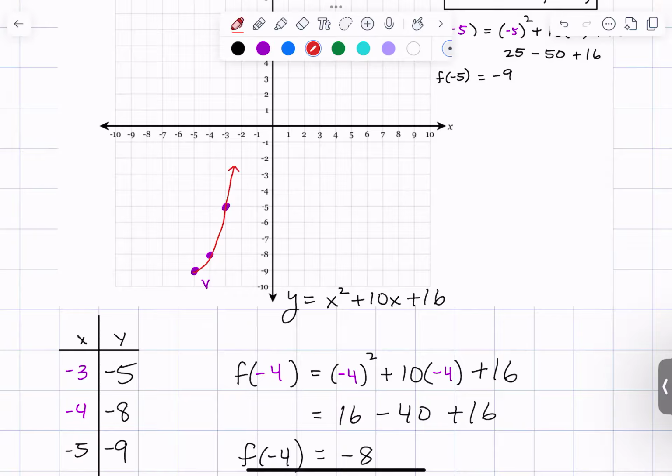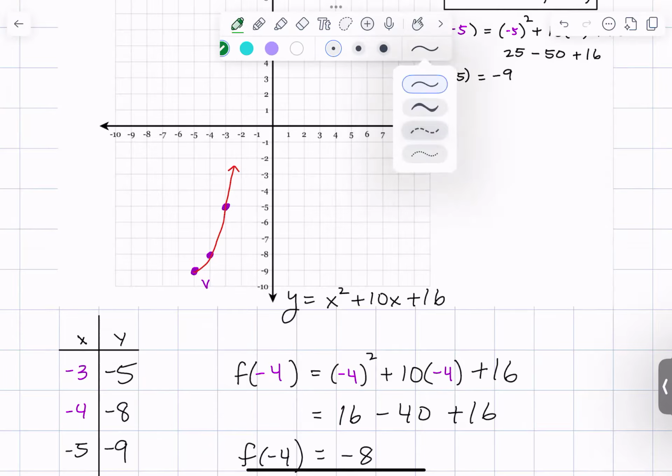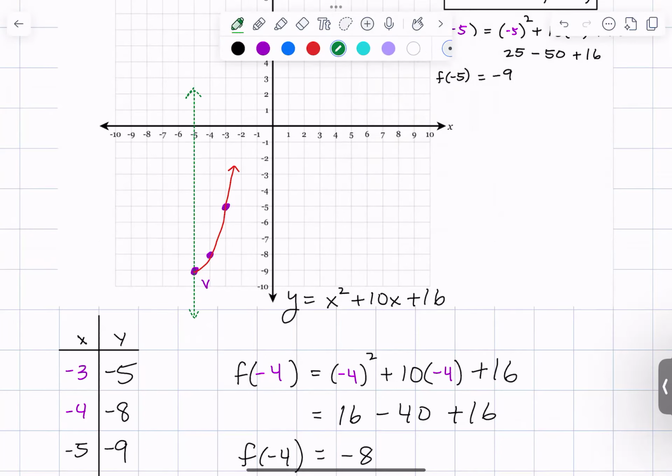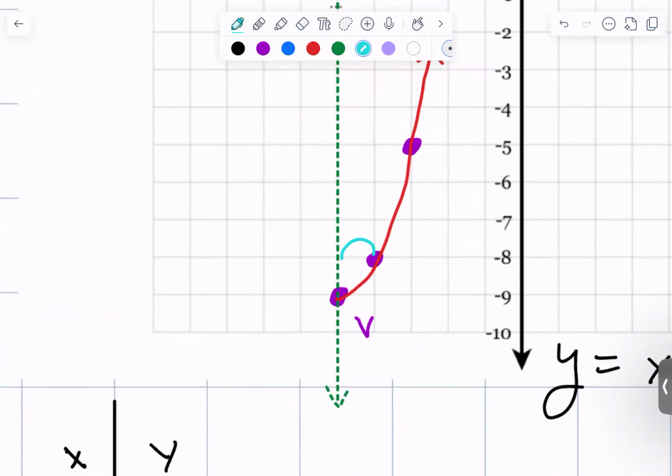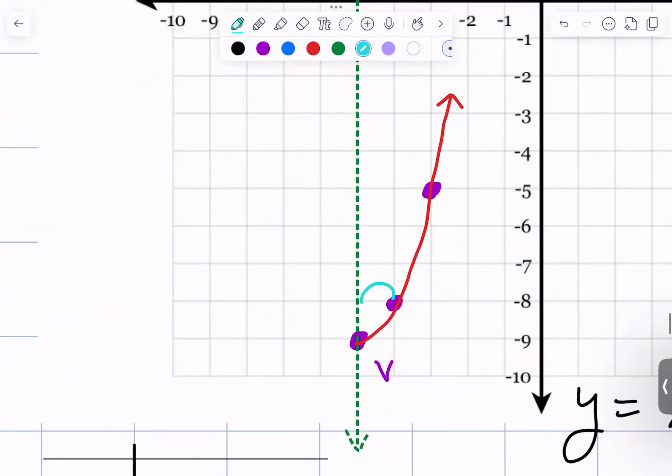To figure out the other side, I am going to use the axis of symmetry. Remember, the axis of symmetry is x equals -5. So it's that vertical line right there. And since this point at -4 is 1 unit away, zooming in, go 1 unit away this way is that point.